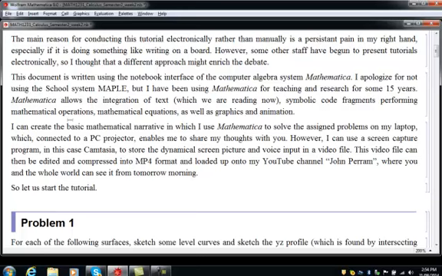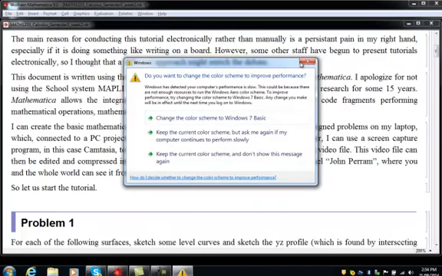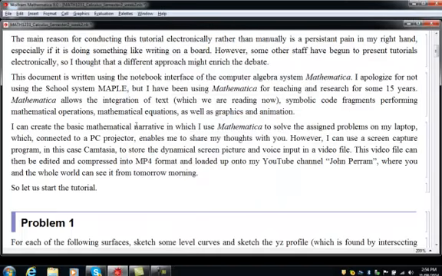I can create the basic mathematical narrative in which I use Mathematica to solve the assigned problems on my laptop, which connected to a PC projector enables me to share my thoughts with you. However, I can use a screen capture program, in this case Camtasia, to store the dynamical screen picture and voice input in a video file.